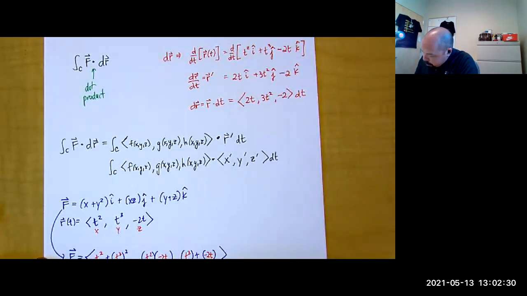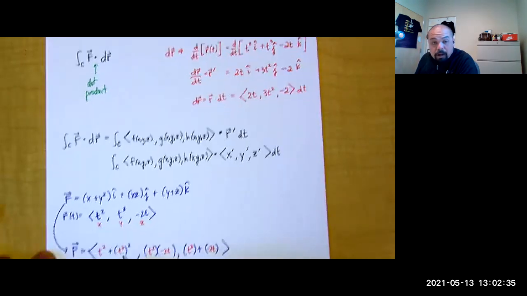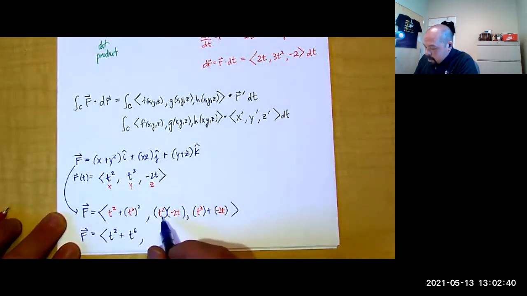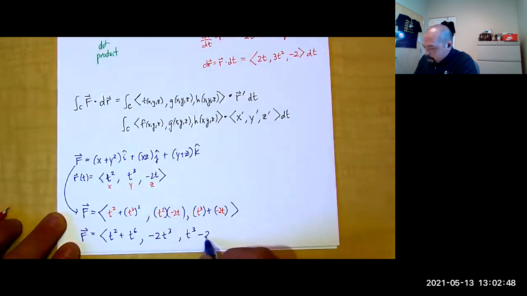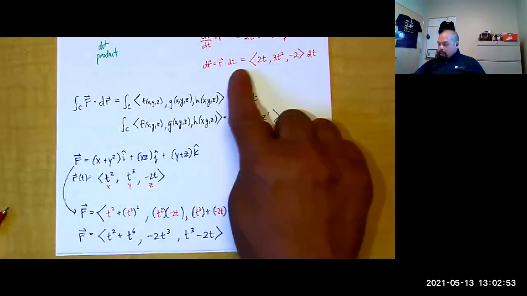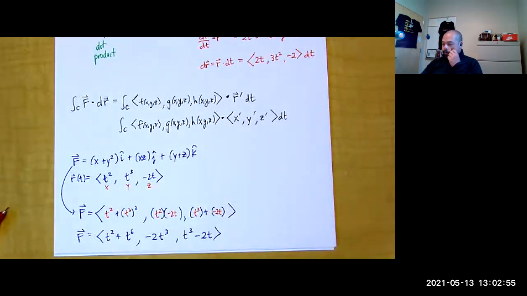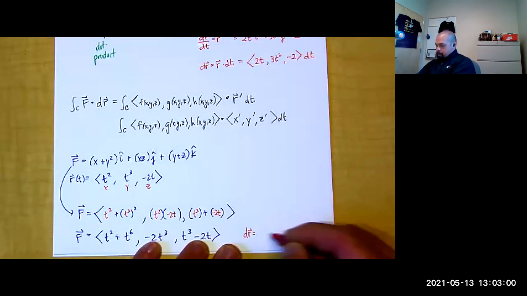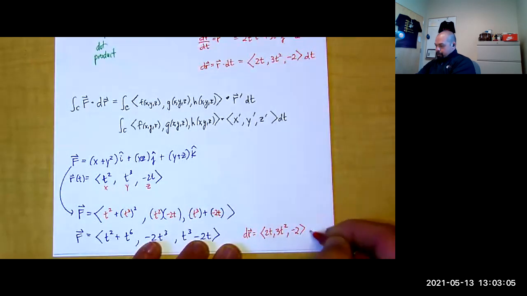So F becomes t squared plus t to the third power squared; 3 times 2, we get t to the sixth. t squared times negative 2t, negative 2t cubed. t cubed plus a negative, so minus 2t to the first. We had done our dr component up above here: 2t, 3t squared, negative 2 dt.